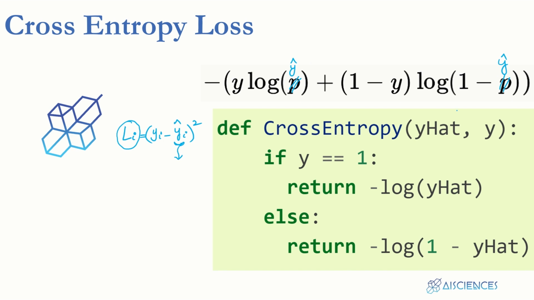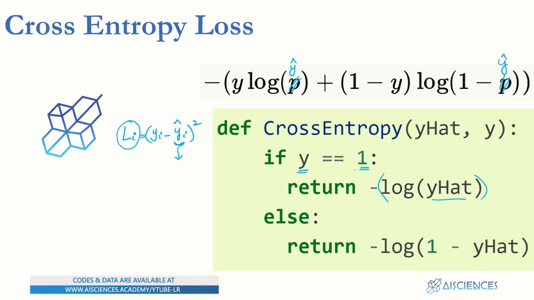And this loss function works like the following. If the true label is 1 and our prediction is 1, remember log of 1 is always 0, then the loss is 0. Minus log of 1 is eventually 0. But on the other hand, if the true label is 1 and our prediction is 0 or something very close to 0, then minus log of a very small value approaching 0 is a very big number, and that's a loss, and we have to minimize that loss.